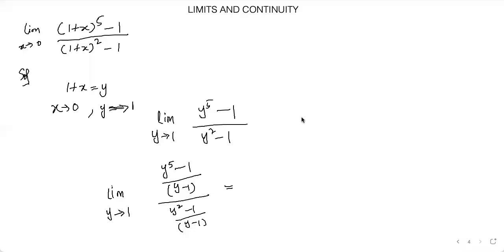Okay, so this will be 5 multiplied into 1 to the power of 4, right? Divided by 2 multiplied by 1, right? So this will be 5 by 2, right? So we get this.